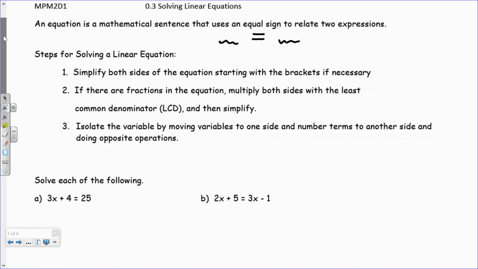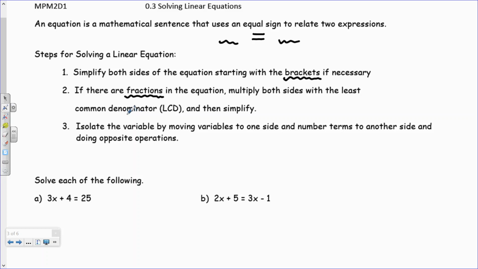So steps for solving a linear equation is, first one, check if you have any brackets. Try to get rid of the brackets first by using the multiplying monomial with binomials or polynomial to simplify it. And next one, if there are fractions, then we are going to get rid of the denominator.